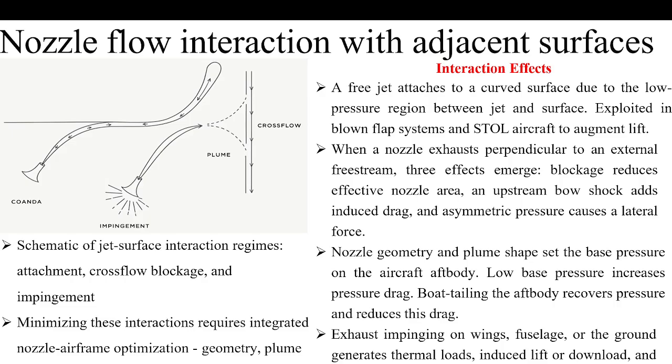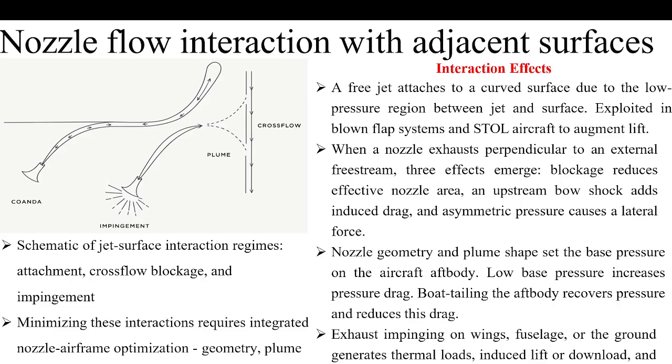Okay, when we talk about these adjacent surfaces, we have cross flows, blockages, and impingement, and these can be overcome with different methodologies, which can be attained based on the design of your nozzles. Once the nozzle designs are done, the blockages can be reduced, along with the effective nozzle area and the upstreaming of bow shocks.